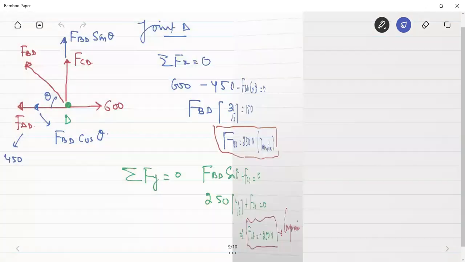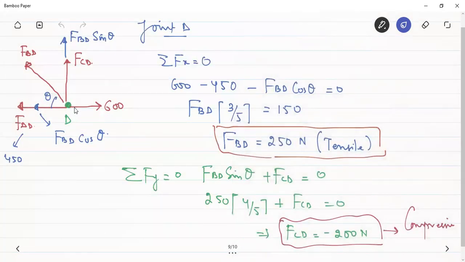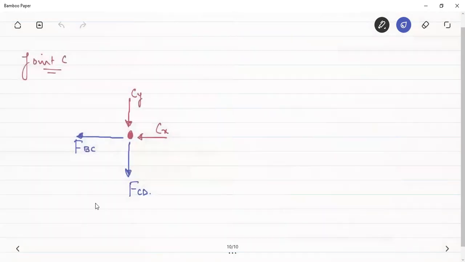Because I had initially assumed all the members to be in tension, but I had seen that the member CD is not in tension, it is in compression. Therefore, on the joint C, this can't be the direction of CD. The direction of CD should be opposite.